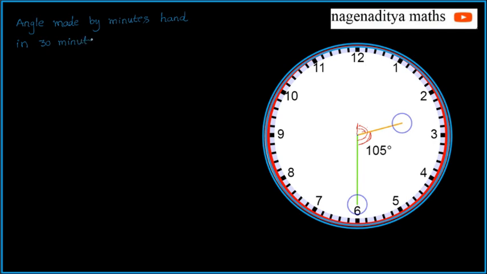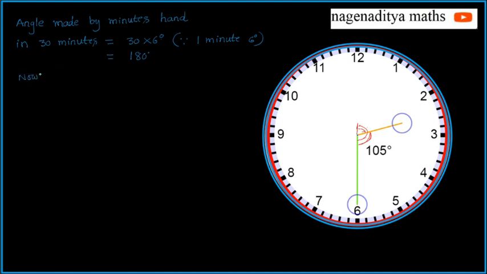So in 30 minutes the minute hand will make 30 into 6 degrees, that is equal to 180 degrees. So this is the 180 degrees angle made by the minute hand.